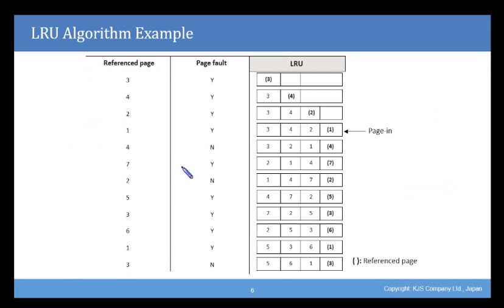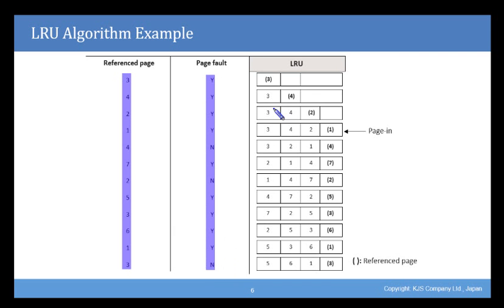So here we have our table for page referencing. Here we have the order in which the pages are referenced. Here we have whether we have a page fault, and here we have a table that looks like what our main memory would look like if we performed this set of page referencing.